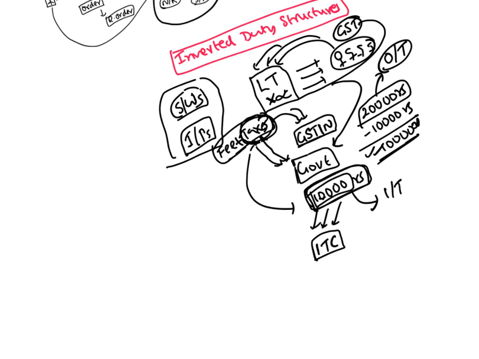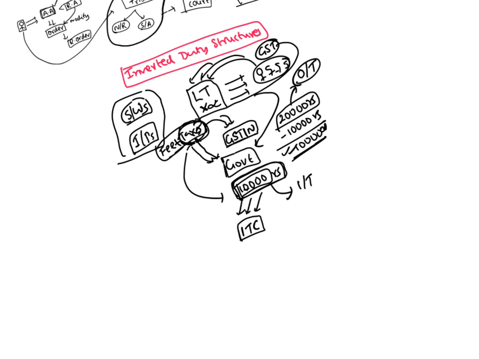Let's say if there is a case where my input tax credit is 20,000 and output tax liability is 10,000, which means my 20,000 is lying with the government as input tax. Now I am only supposed to pay 10,000 to government.